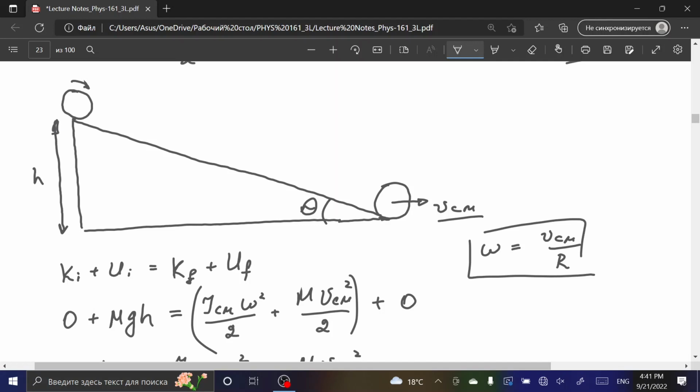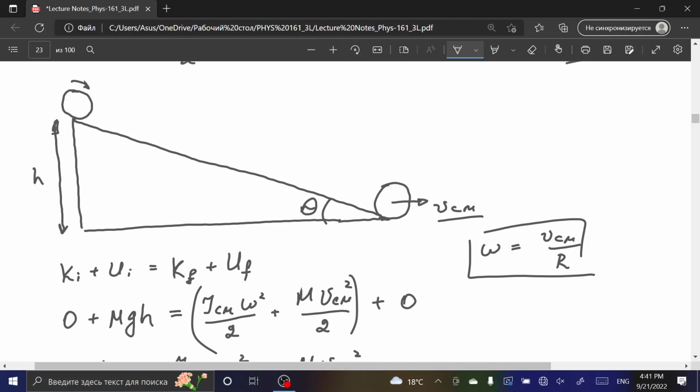So this block slides over the inclined plane without any friction. So we don't dissipate energy because of performing some work with friction force.